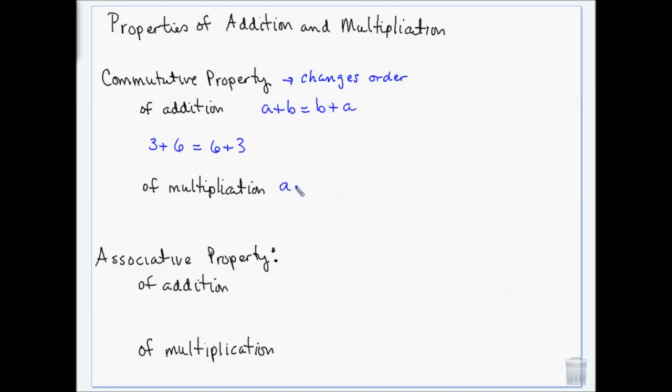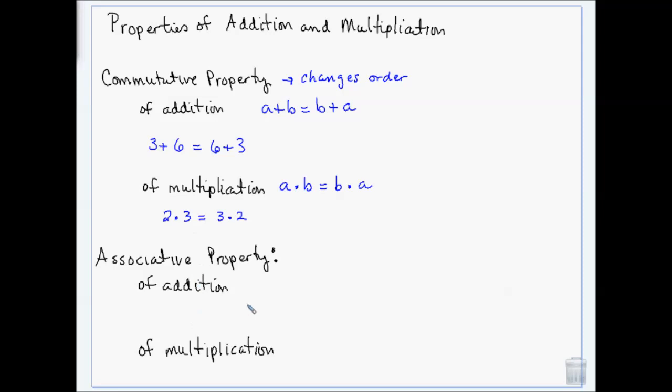A times b is the same thing as b times a. 2 times 3, 6. 3 times 2, 6. It does not matter what order I multiply in. Now, this won't hold true for subtraction because 3 minus 6 and 6 minus 3 are not the same. And the same thing with division, like 2 divided by 3 and 3 divided by 2 would not be the same thing. So it's only addition and multiplication that these are true for.